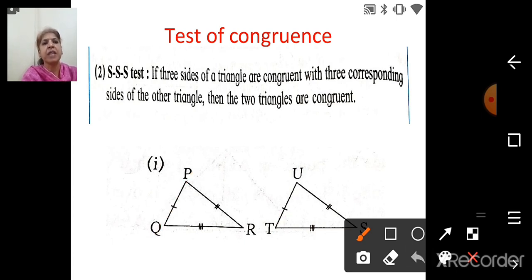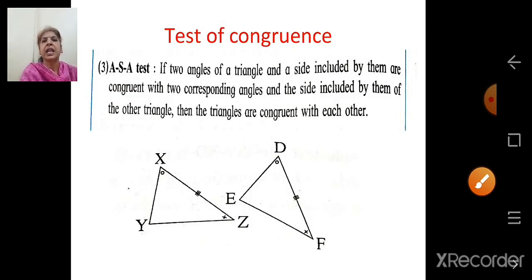You can see the same identical marking. Then side PR is congruent with side US. You can see the marking. And QR is congruent with TS. So we can say triangle PQR is congruent to triangle UTS by SSS test.